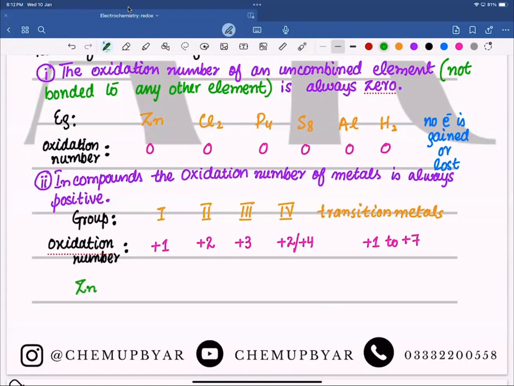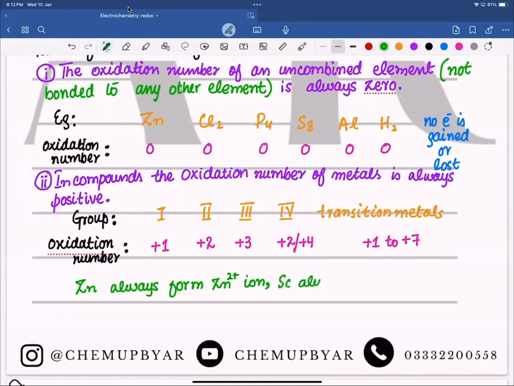Now, zinc always forms zinc 2 positive ion. It doesn't have a variable oxidation state.